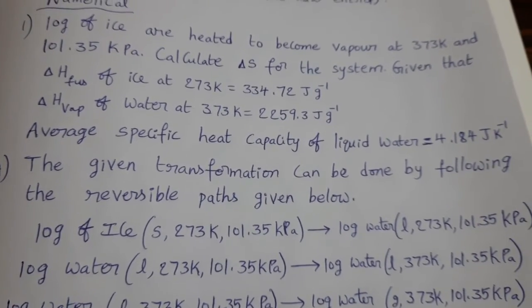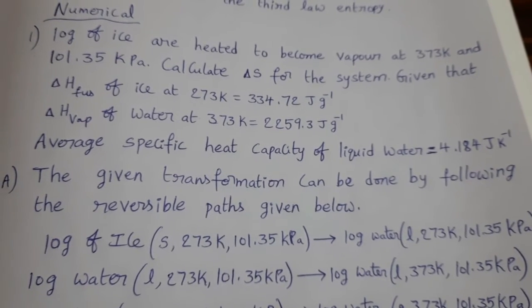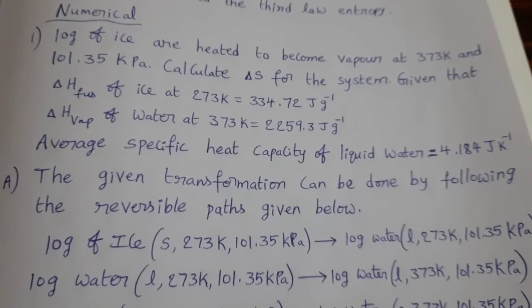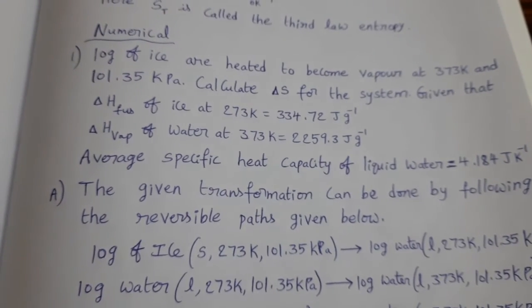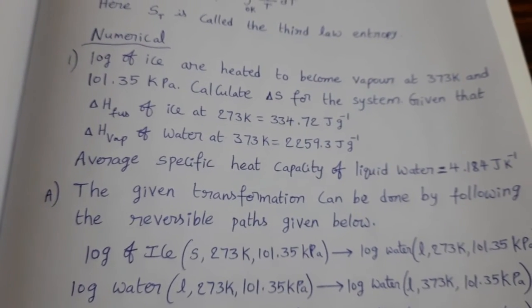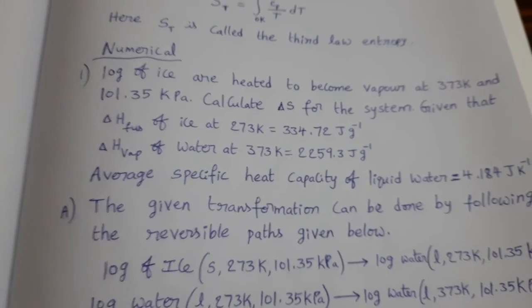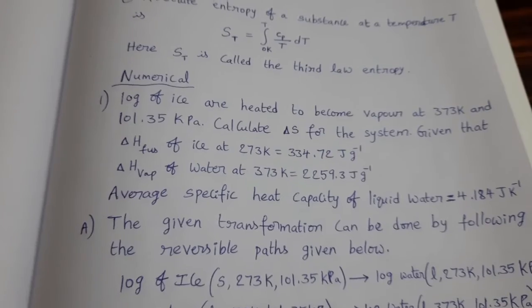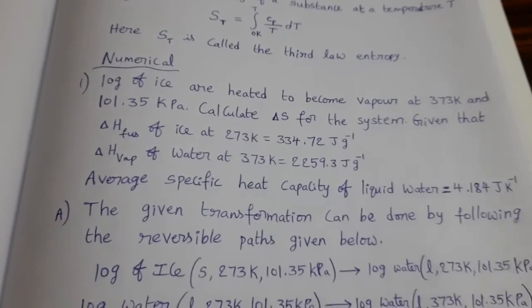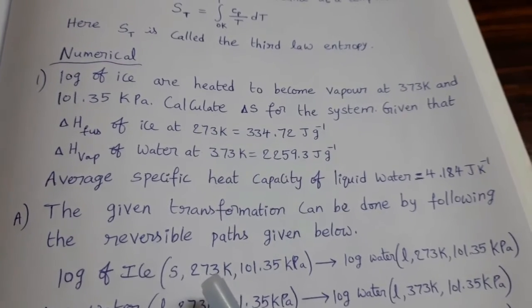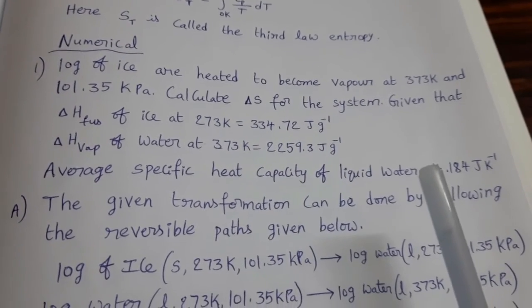The given transformation can be done by the following reversible paths. Now, 10 grams of ice is given, present at 273 Kelvin. Now do the phase transformation at the same temperature: 10 gram of ice is changed to 10 gram of water at 273 Kelvin.